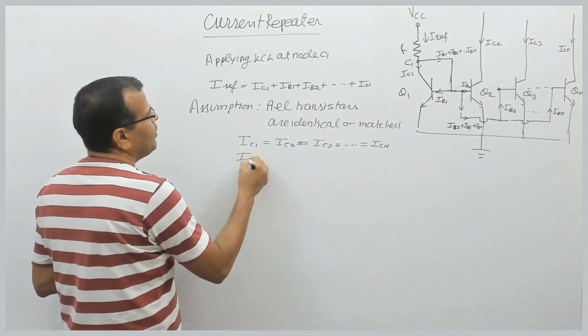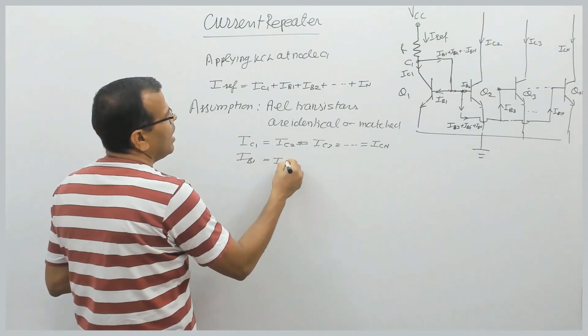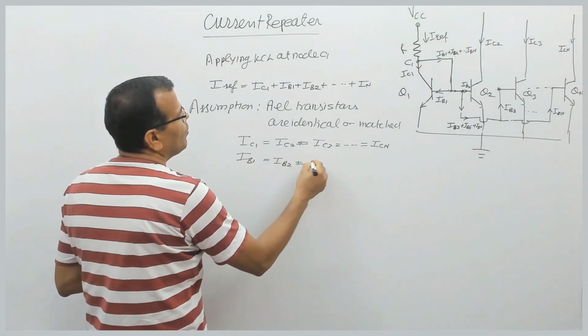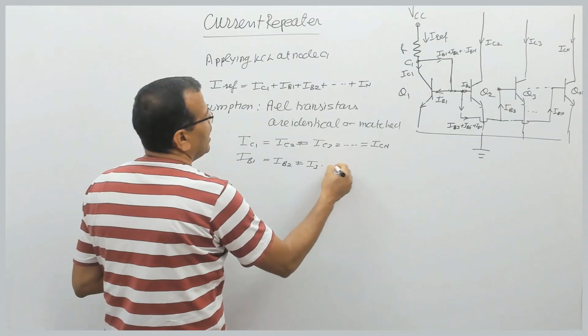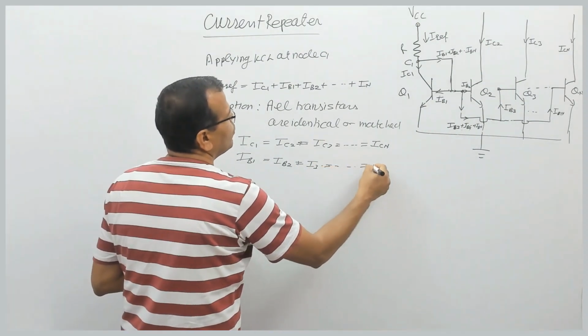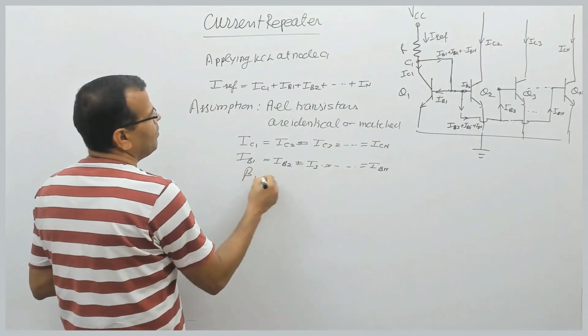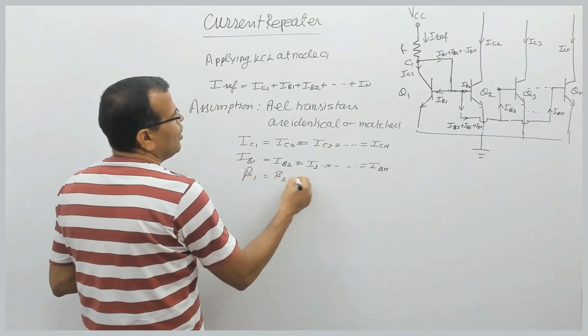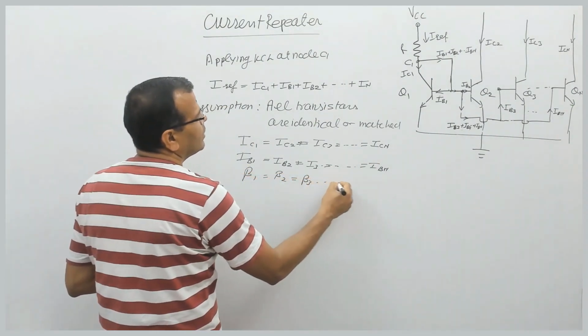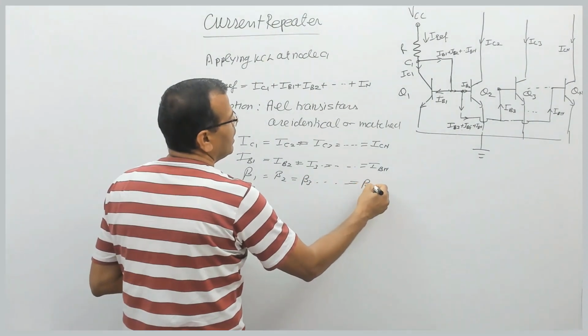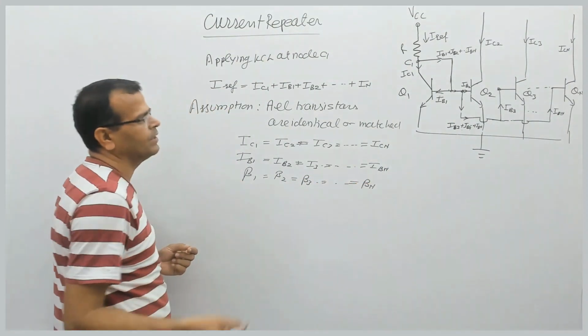Similarly, IB1 will be equal to IB2 equal to IB3 and so on, equal to IBN. And beta 1 will be equal to beta 2 equal to beta 3 and so on, equal to beta, which is the gain of the transistor.